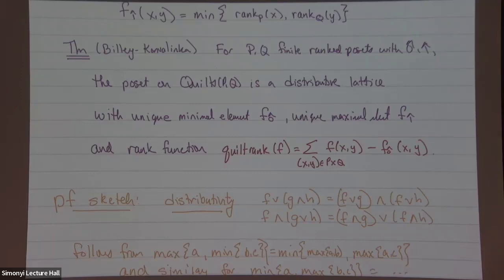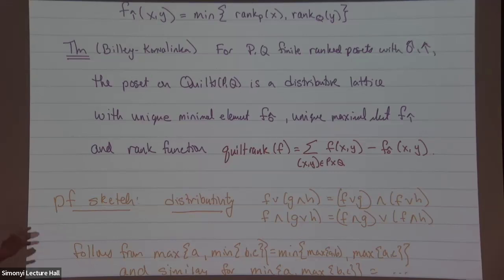It's basically just sum up all the numbers in the quilt. It's not quite right, because that unique minimal element, you have to sum up the numbers in there, and that's not necessarily 0, so just shift down by that much. Okay, so that's the quilt rank. Easy enough, right?